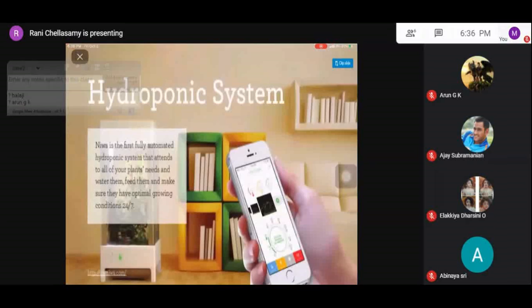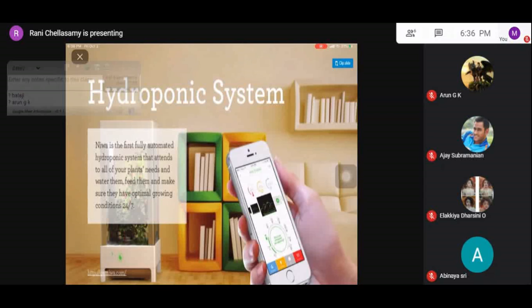Hydroponic systems are another application in IoT. This is the first fully automated hydroponic system that attends to all of your plants' needs and waters them. So if you have plants in your garden, when to water them and when to feed them will all be controlled and monitored with the help of this hydroponic system, so that you can track the growth of the plants in your garden.